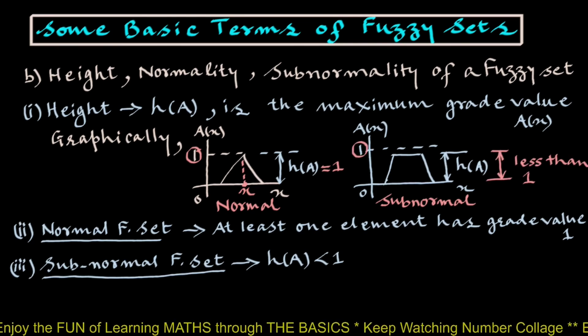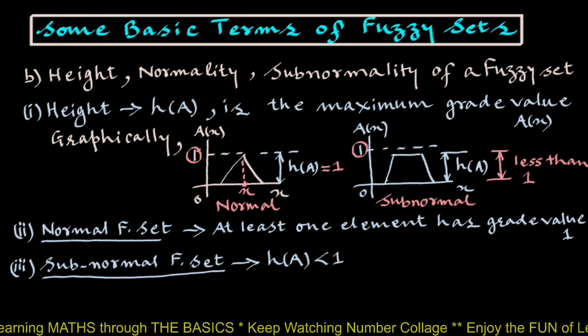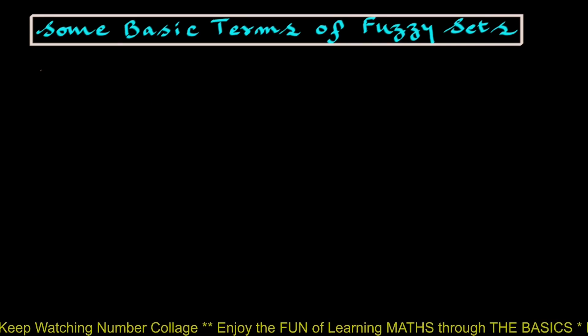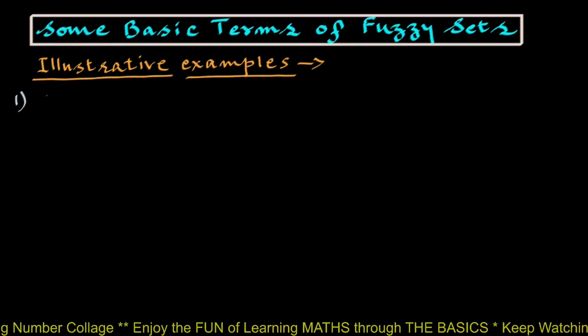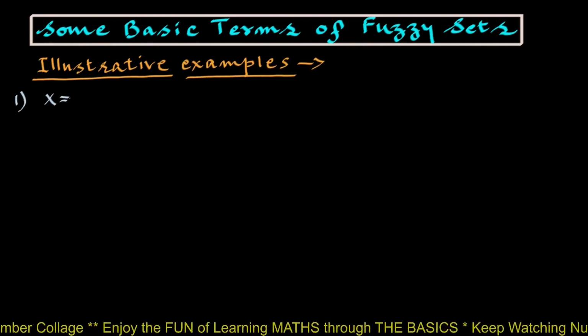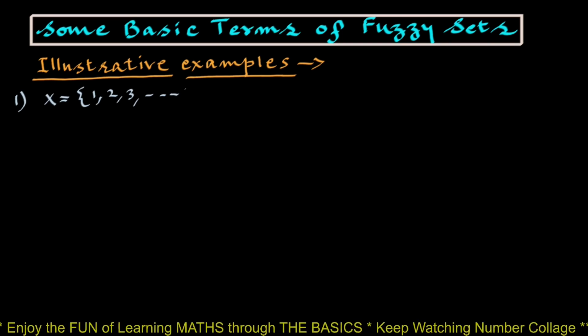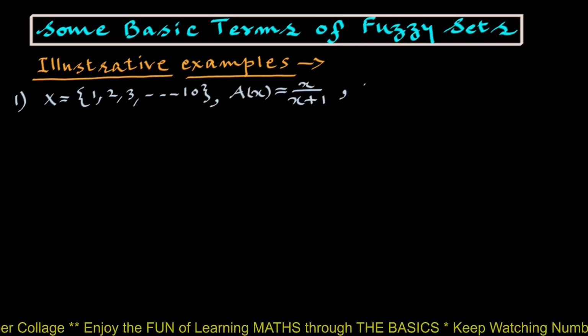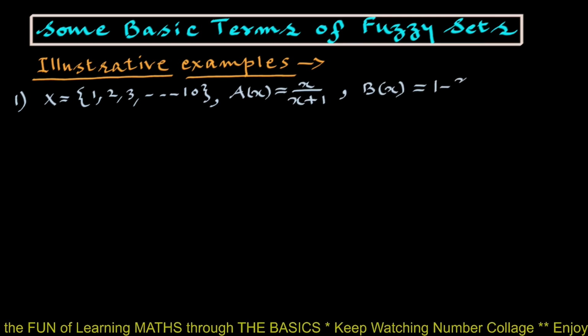Let us understand these things through some examples. Now let us see some illustrative examples. For universal set X, 1, 2, 3, etc., 10, A of x is x upon x plus 1 and B of x is 1 minus x upon 10.